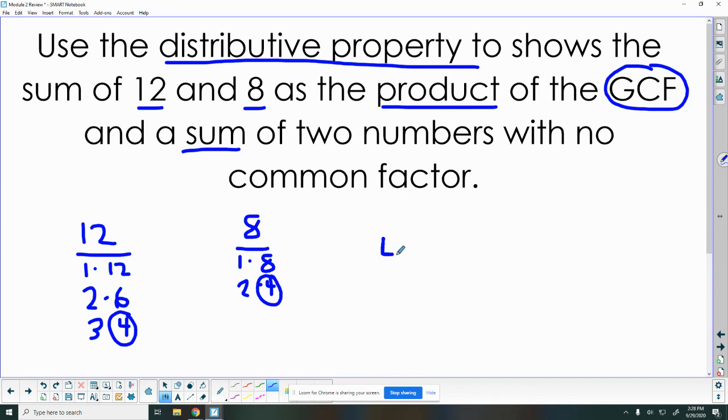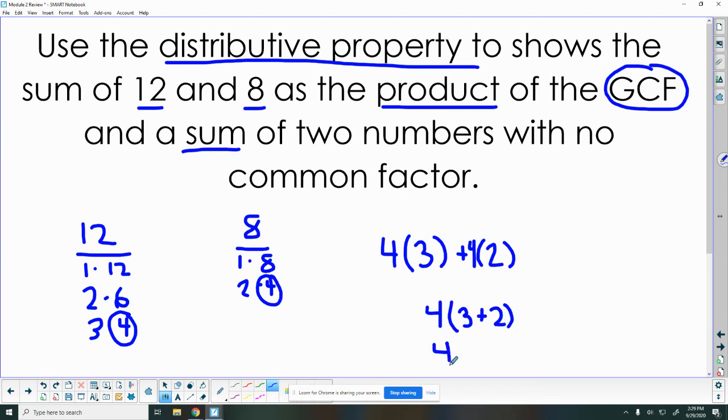So I'm going to pull that factor out. And I ask myself, 4 times what is 12? 4 times 3 is 12. And then I'm going to add on the other one. So I need my 4 that I pulled out. 4 times what is 8? 4 times 2 is 8. So now I'm going to combine my 4 with what's in my parentheses by adding them.